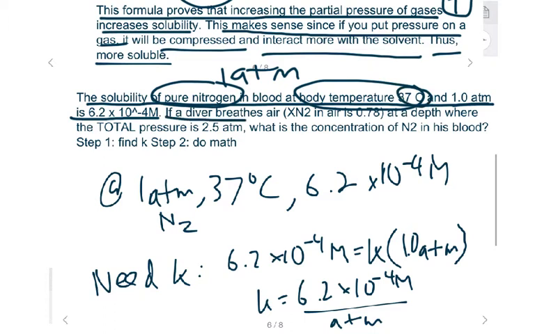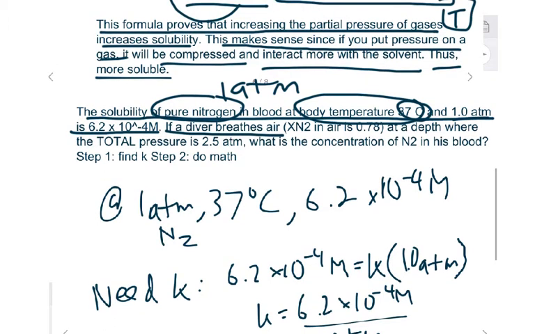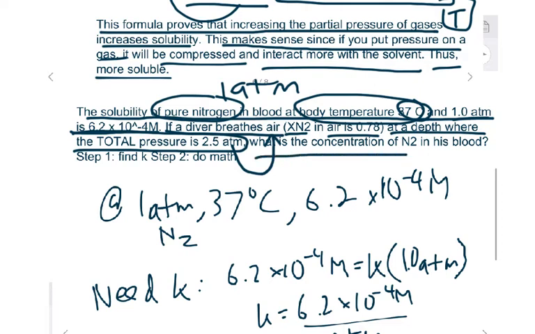Now, if a diver breathes air, and the mole fraction of nitrogen in the air is 0.78, at a depth where the total pressure is 2.5 atmospheres, so that means that the pressure of the air is 2.5 atmospheres, since that's considered everything combined, then what is the concentration of N2 in his blood?